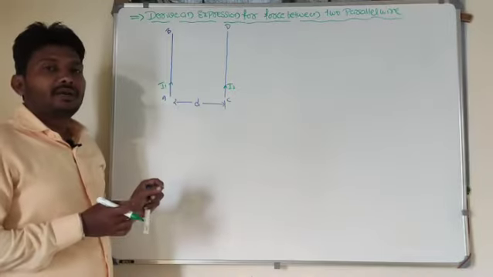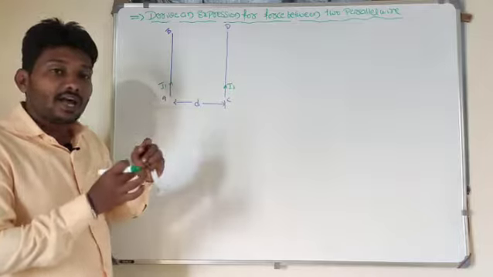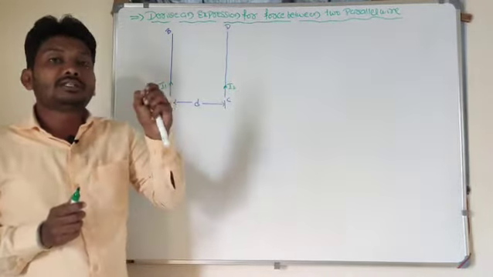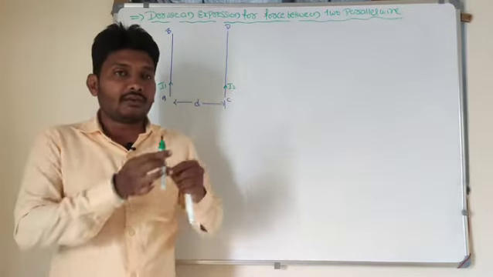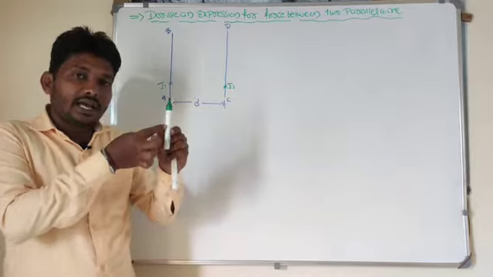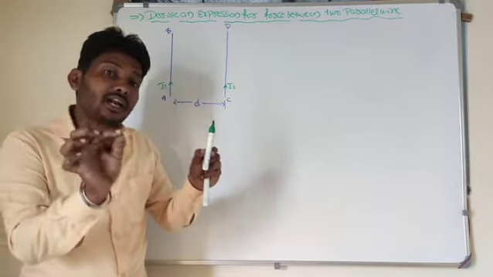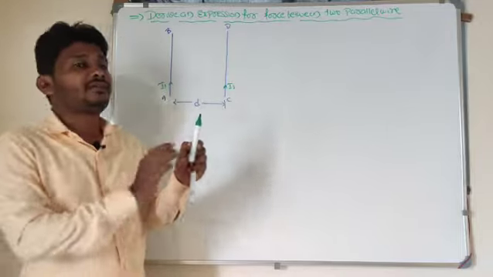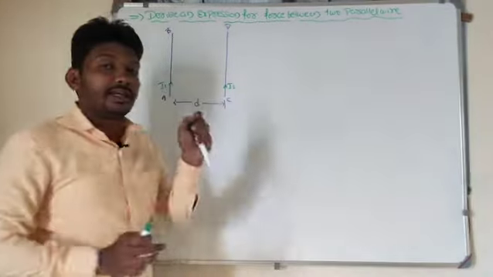From Oersted's experiment, whenever there exists a current in the coil or in the wire, a magnetic field exists around the current carrying conductor. Whenever a certain amount of current is flowing in a wire, for example this wire AB, in which current I1 is flowing, because of the current I1 I will get a magnetic field here. This magnetic field acts on the second wire.